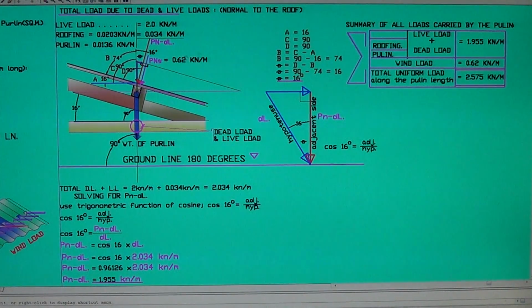Therefore theta is 90, D, this angle D to the Pn. Only one goes to the Pn, to the roof, to the line of the roof. So theta is D minus B. 90 minus 74 is again equal to 16 degrees.